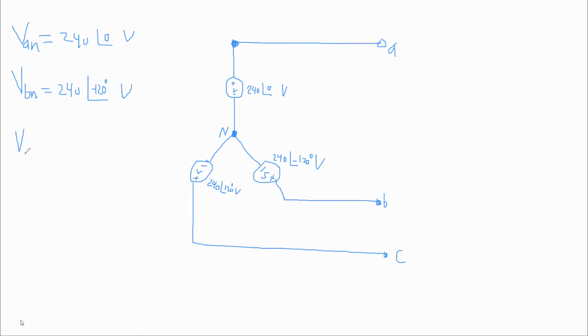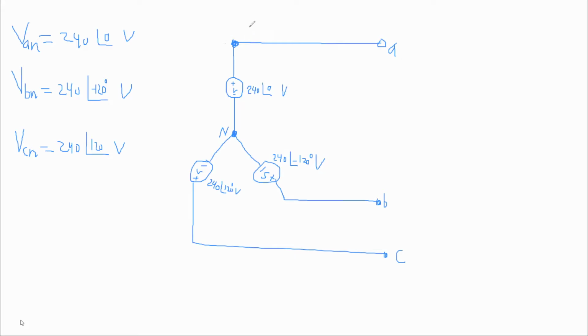Then VCN is 240 angle 120. So those are the three voltages between neutral and point A, between neutral and point B, between neutral and point C.